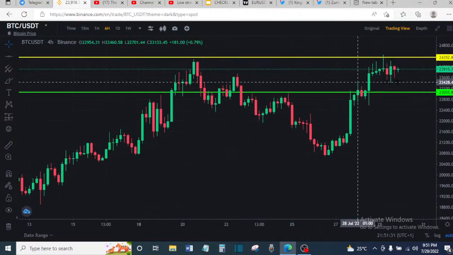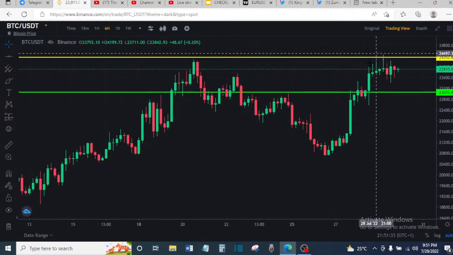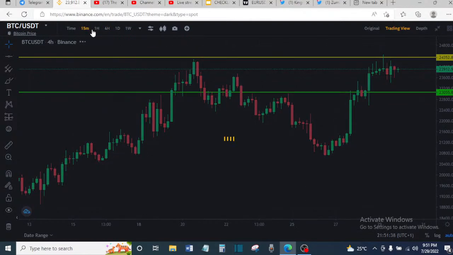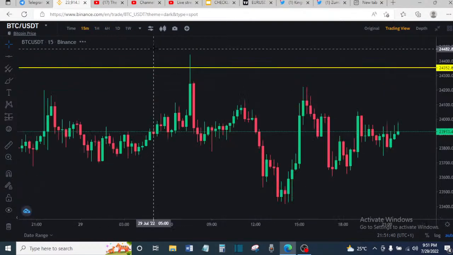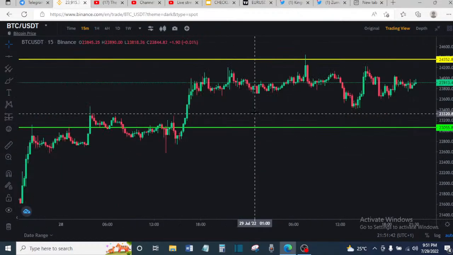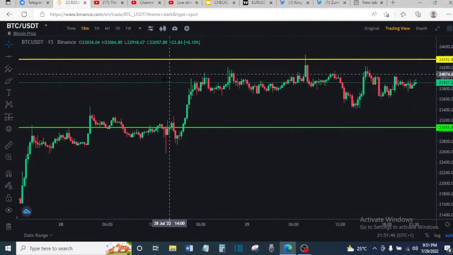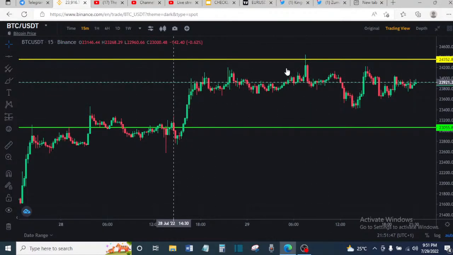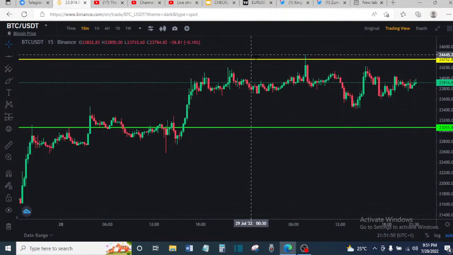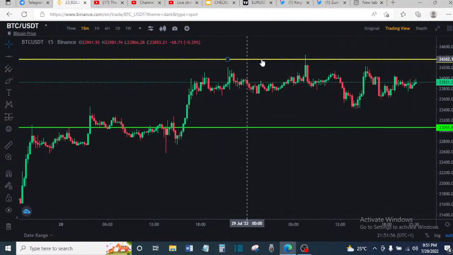What transpired here is what I was trying to explain to you on the 15-minute chart. This was the result. So I already knew that price could get to this yellow line.